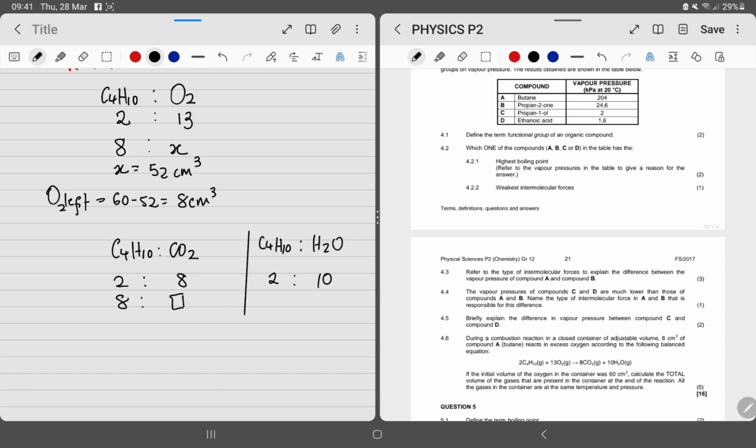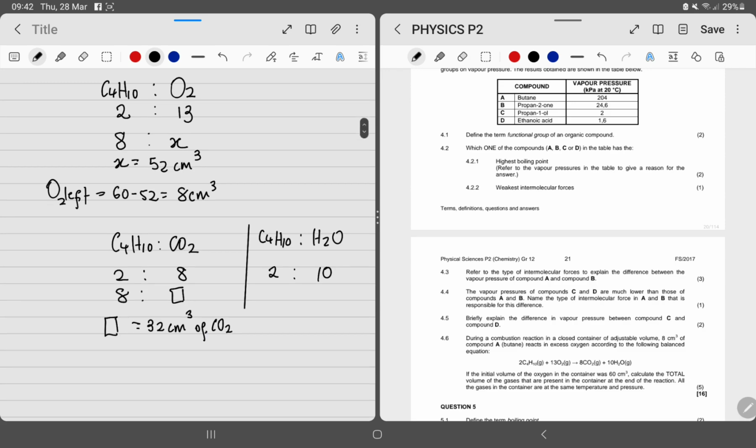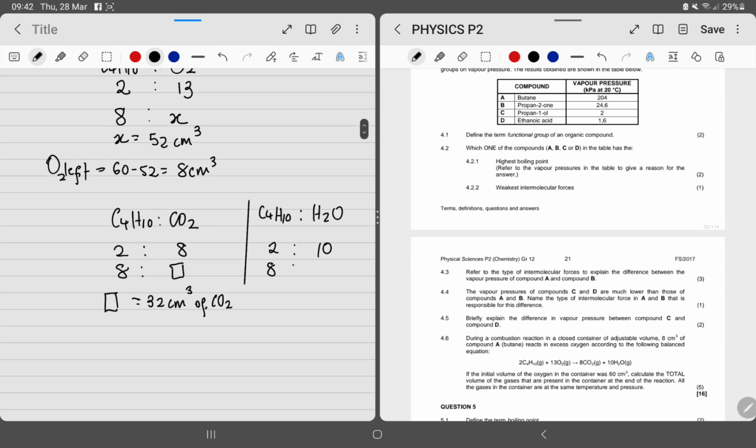Okay. And then I know that here I have 8. I just need to know how much of the carbon dioxide is formed. 8 times 8, that is 64, divided by 2, that's 32 cm cubed of the carbon dioxide. And then 8 times 10 divided by 2, so it is 40.